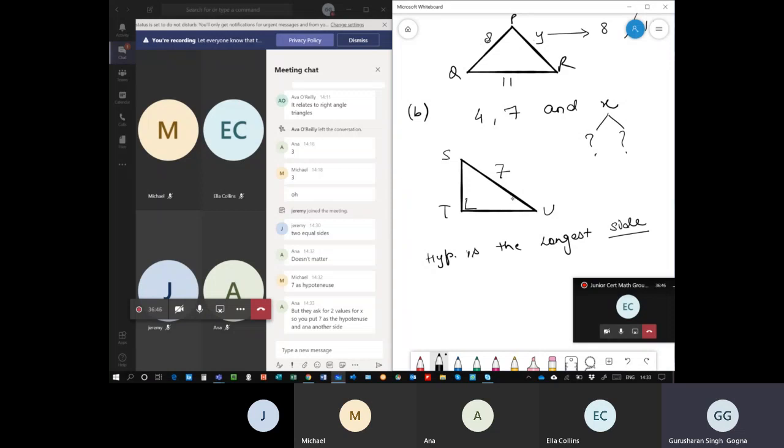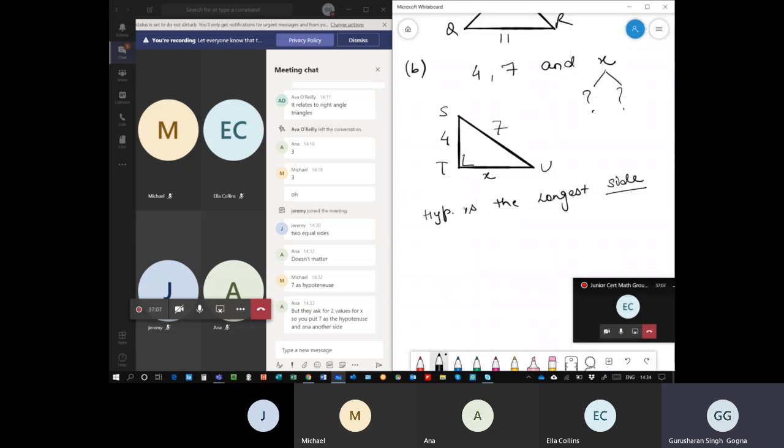One possibility is x is not a hypotenuse, and the other possibility is x is our hypotenuse, and that's why they ask for two values. So first you need to consider 7 as your hypotenuse, and it doesn't matter. You can consider x as opposite or adjacent, so that is not a problem.